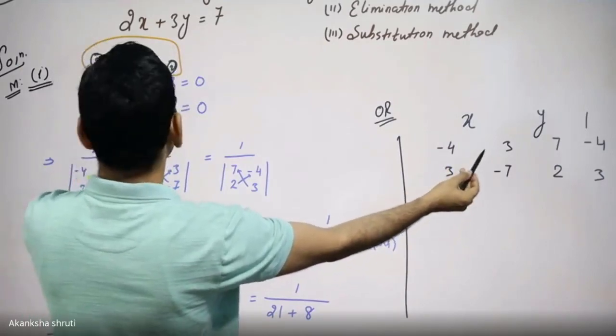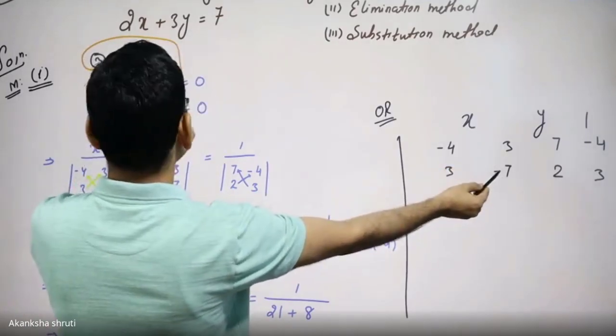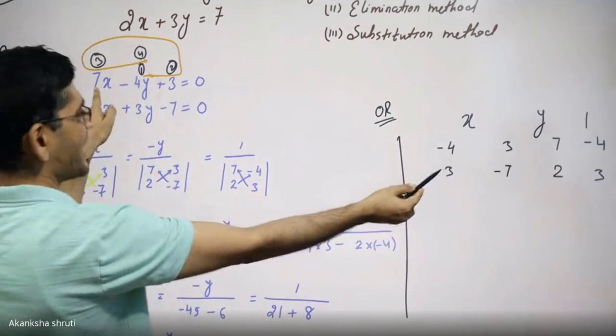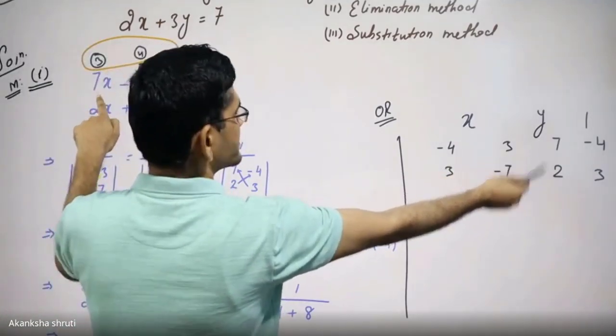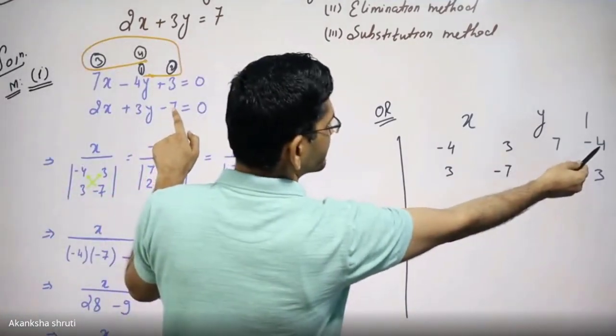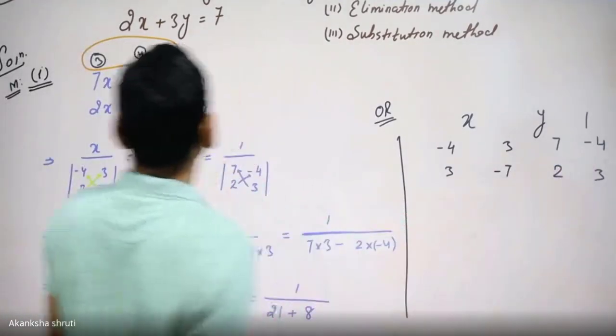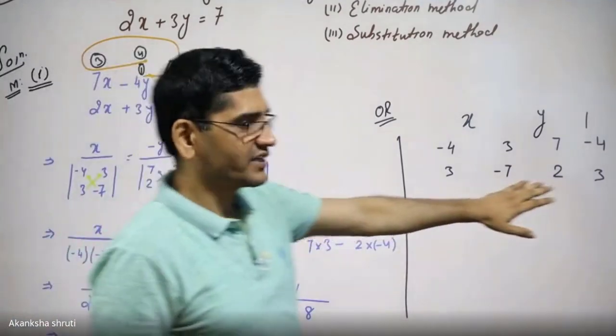Then go for the next, means constant term, 3 minus 7. Come back to the x coefficients, 7, 2. Then again go for the y from where you have started, -4 and 3. Okay student, तो ये भी एक सर्कल बनता है, ये भी इतना ही इजी है.